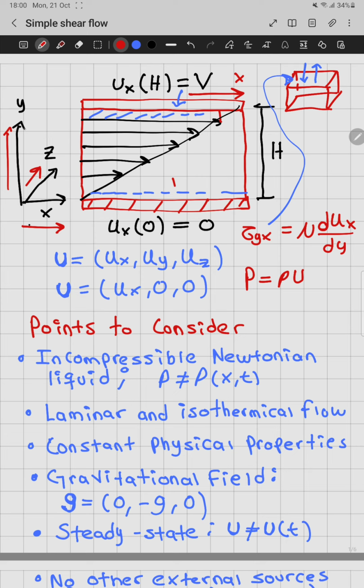So x direction is called the direction of propagation of momentum or propagation of movement. So in simple-shear-flow, we are going to propagate the momentum, the movement, from top to bottom. So momentum will propagate perpendicularly from top to bottom layer.